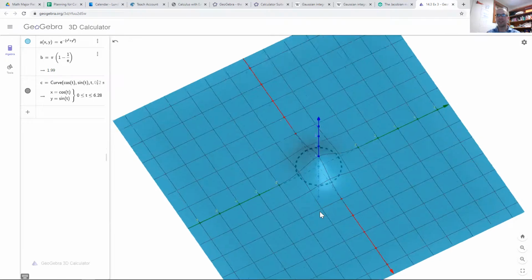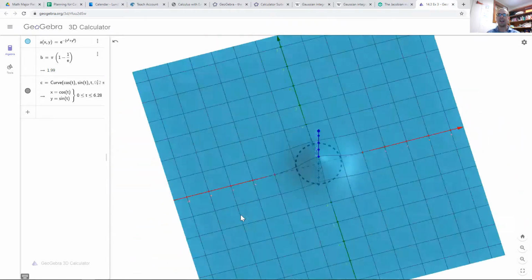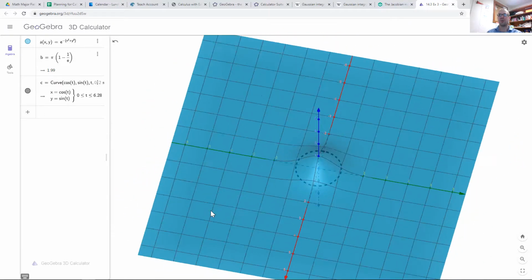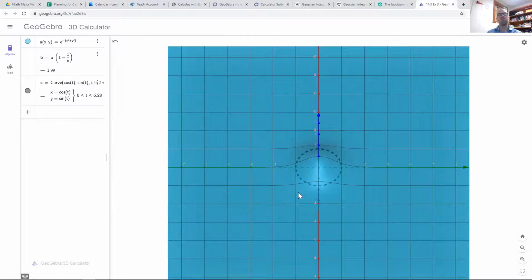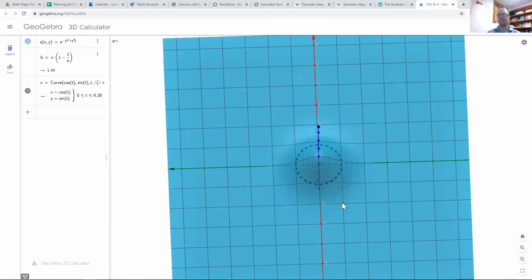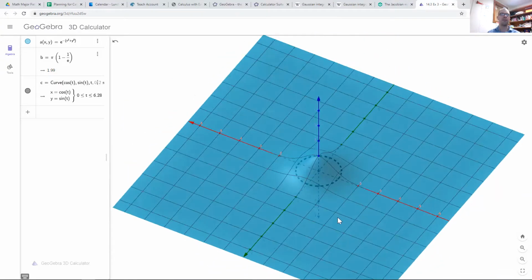A cool thing about this function is that it's symmetric radially, so it kind of makes sense to take an integral in polar coordinates, because again, we've got a circle-y type of function going on.